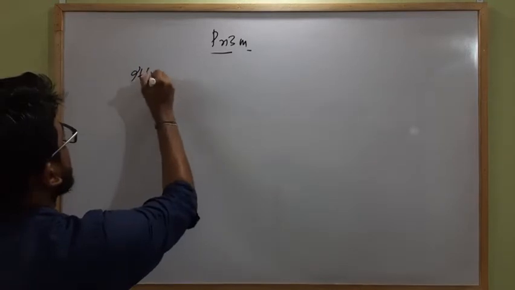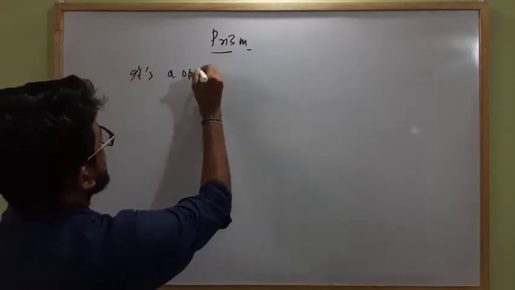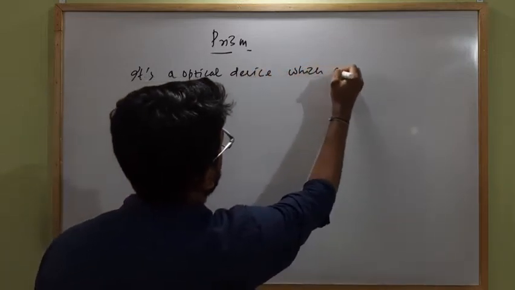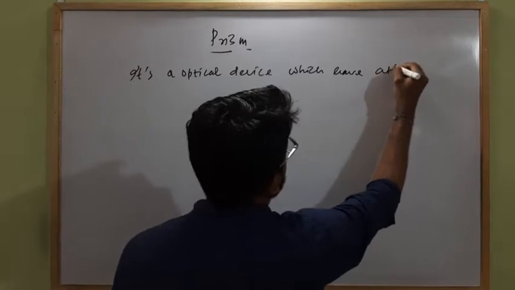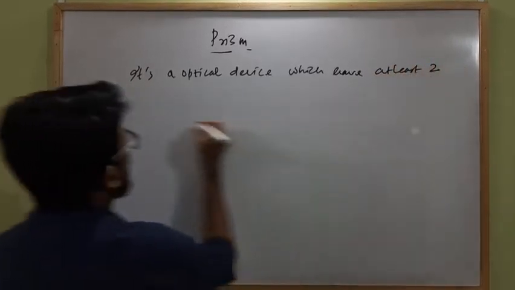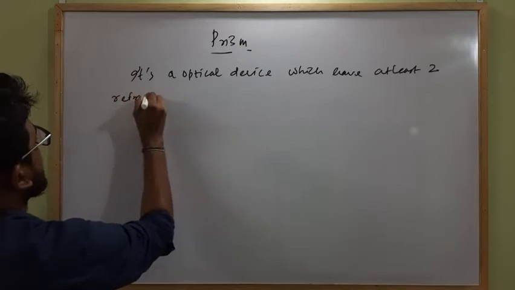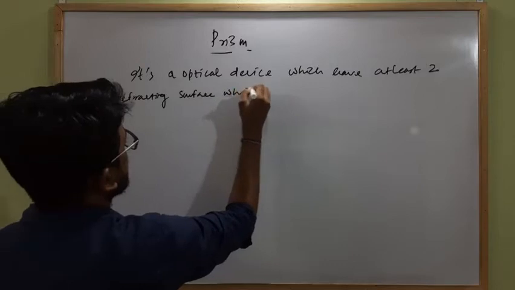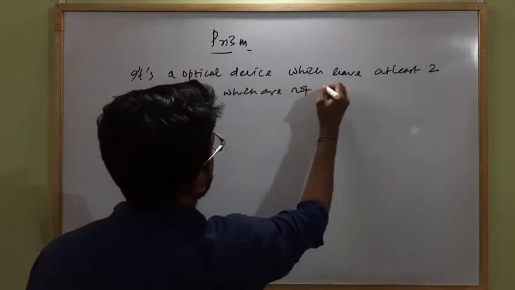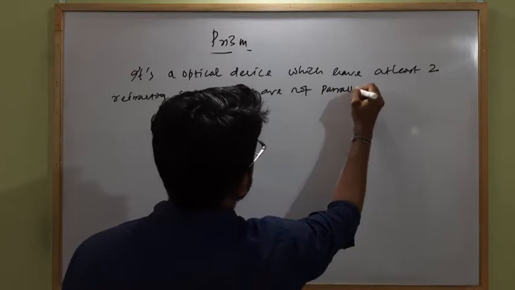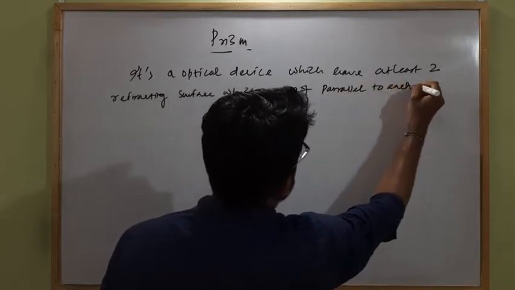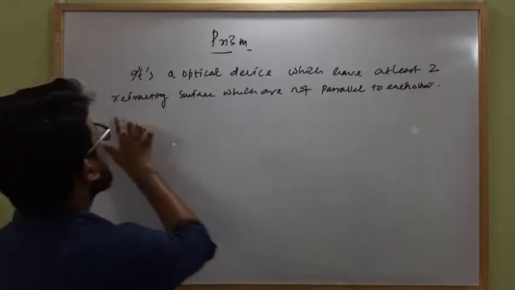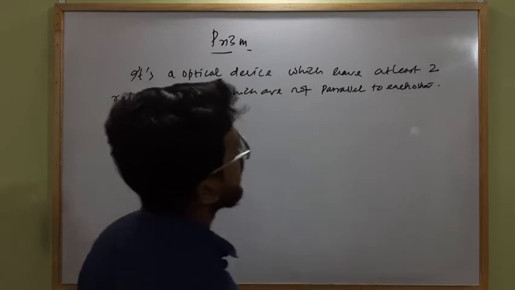It's an optical device which has at least two refracting surfaces which are not parallel to each other.